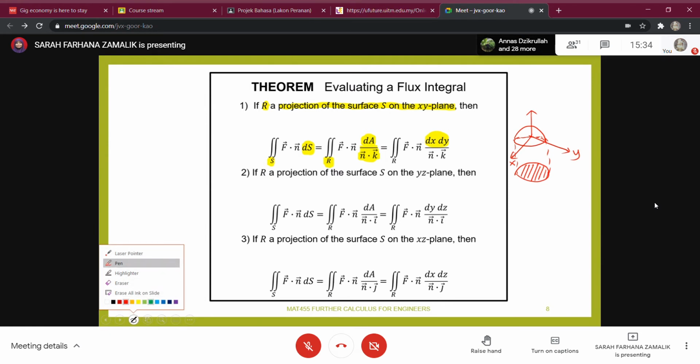Why do we have to dot it with k? Remember the vector field F equals m i plus n j plus p k. So this is z. So for XY, we have to dot the unit normal with the k vector.